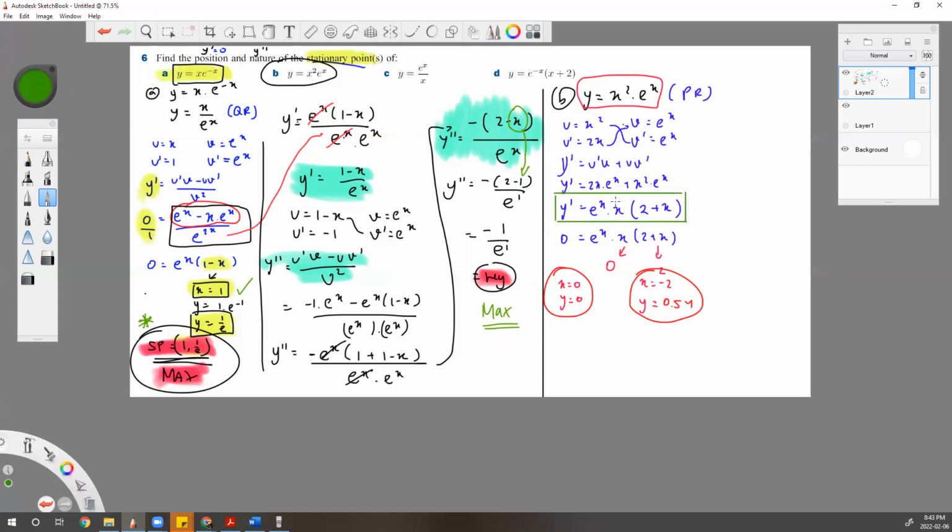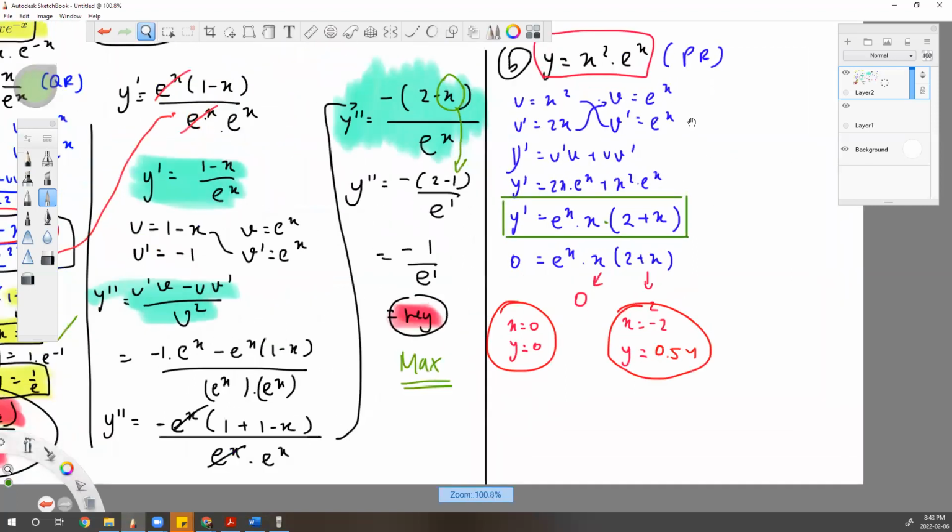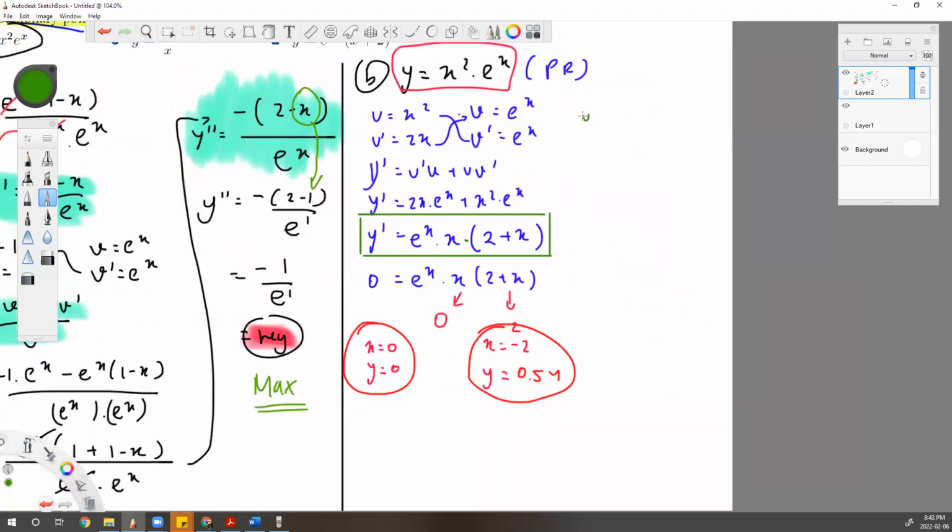We have one multiplication. Okay. The double derivative. Okay, the first derivative, I want to write it down first. e power x times, can I write like this? 2x plus x squared, right?